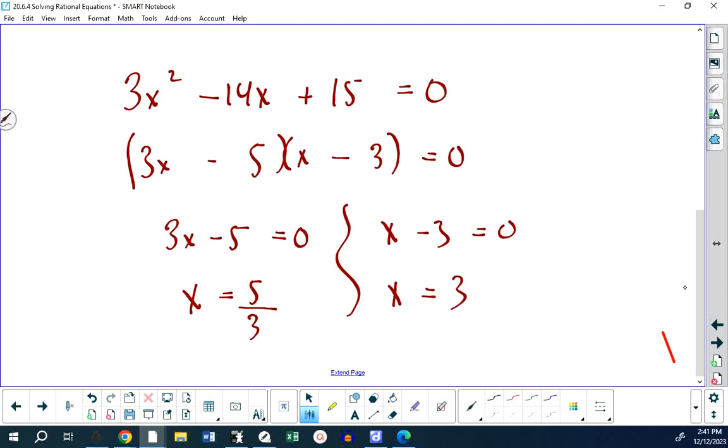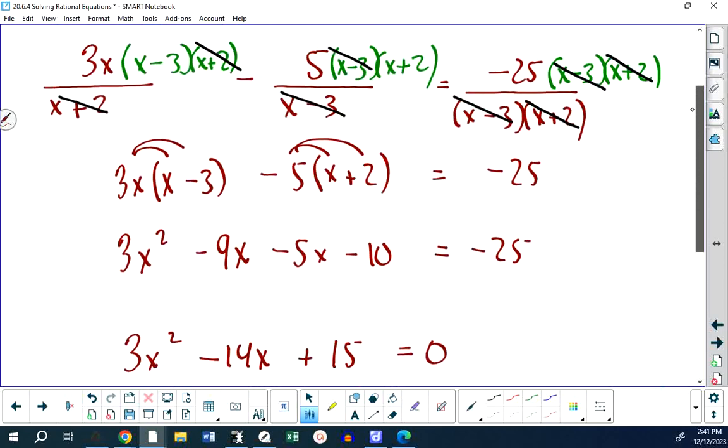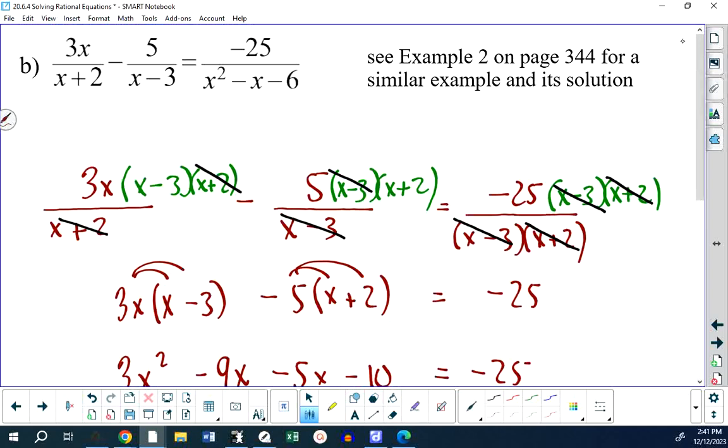One of the fractions had x minus 3 as a denominator, and 3 minus 3 is 0. Right. In other words, there's a non-permissible value up here, right? When we factored all of this, and we saw that we had x plus 2, well, that's not allowed.